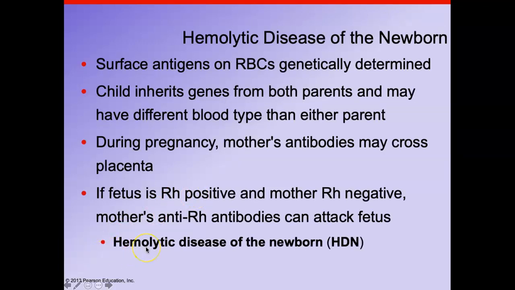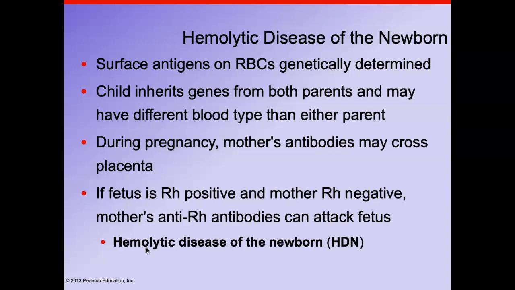And then finally, we'll talk about the hemolytic disease of the newborn. This deals with the Rh antigen. Now, the antigens are genetically determined. A child will inherit genes from both parents and may have a different blood type than either parent.